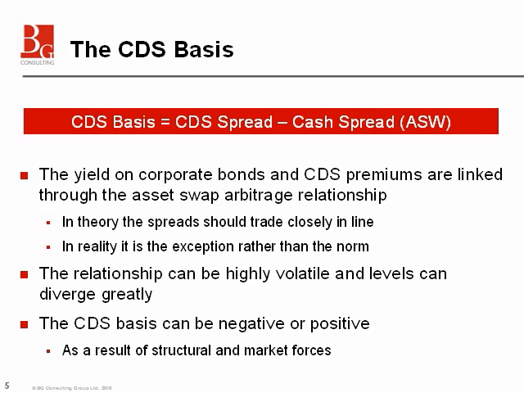This situation is not too dissimilar to the more recent dislocation observed in the credit markets, where the combination of a lack of funding availability and high credit spreads pushed the CDS basis into deep negative territory.